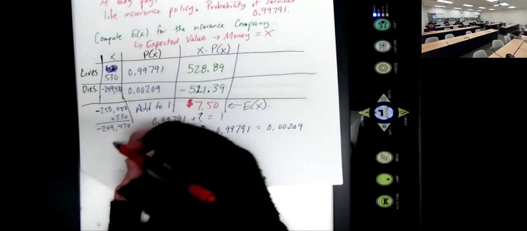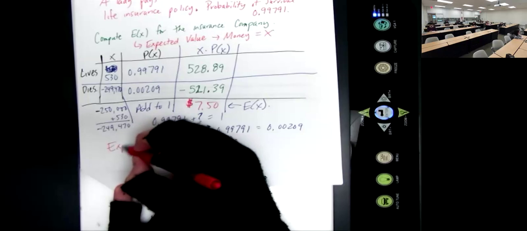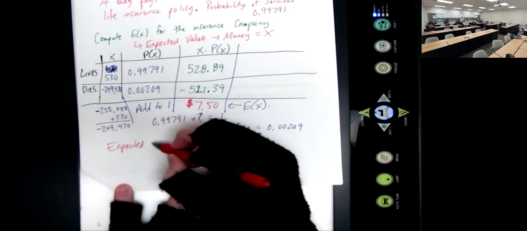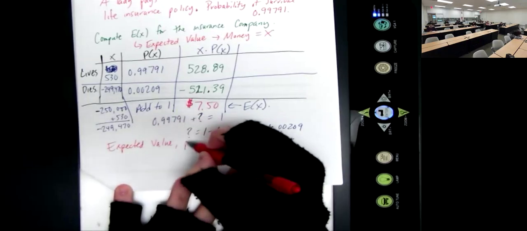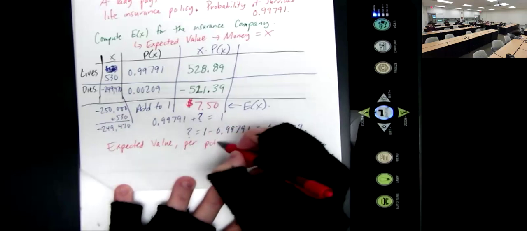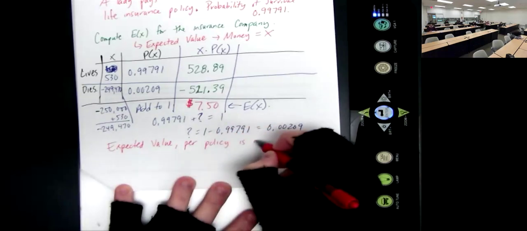So the expected value per policy is only $7.50.